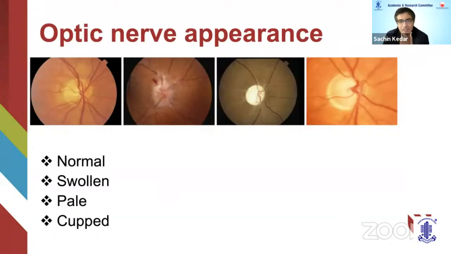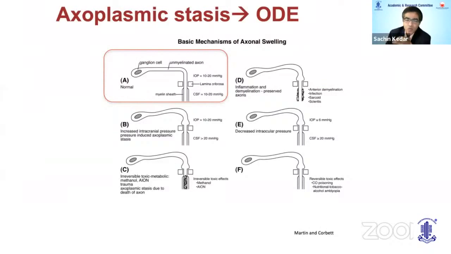When we do an ophthalmoscopic examination, by and large, this is what the optic nerve looks like. Either it is normal, it is swollen, it is pale, or it is cupped, most commonly in glaucoma, but also in other optic neuropathies. So why does the optic nerve have the swollen appearance? We think it's because of axoplasmic stasis.